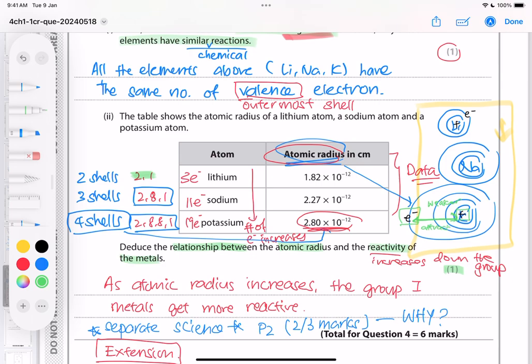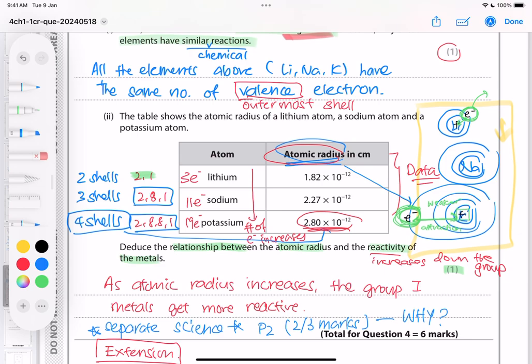So if it's a weaker attraction, this electron is more readily given away as compared to lithium, the one on the top. The distance between the positive proton and the electron is so close, so it is harder for this electron to be given away. Because of that, the reactivity for potassium is going to be way higher than lithium or sodium.